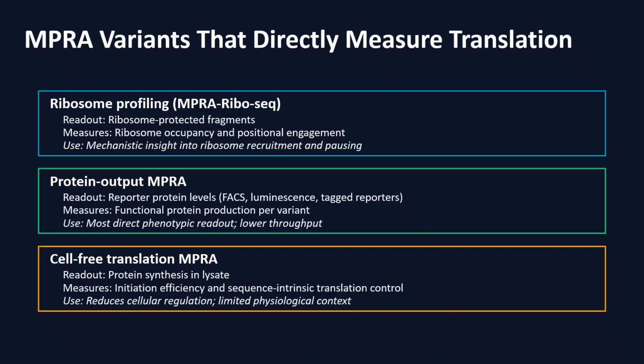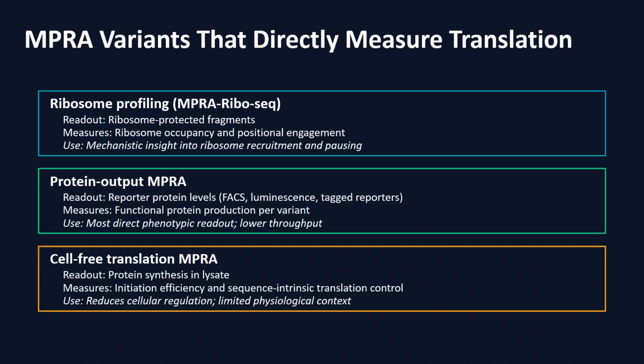So here we sequence ribosome protected fragments from each variant. So this tells us where ribosomes are bound and how densely they occupy the transcript. It provides mechanistic insight into ribosome recruitment, scanning, and pausing along the mRNA.